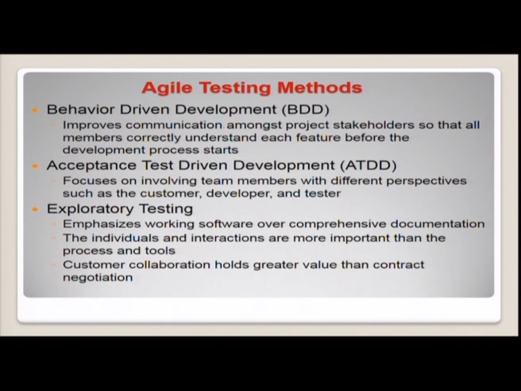The customer is collaborated with the team, they mingle with the team. So, the more they collaborate, the more they interact, the more success you get with respect to this Agile model.